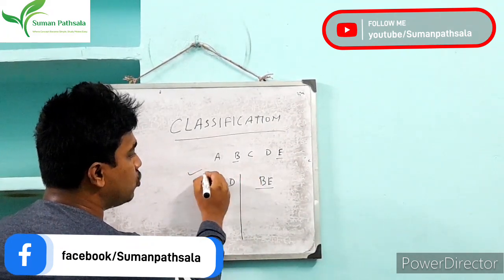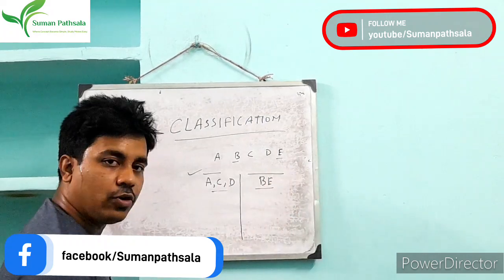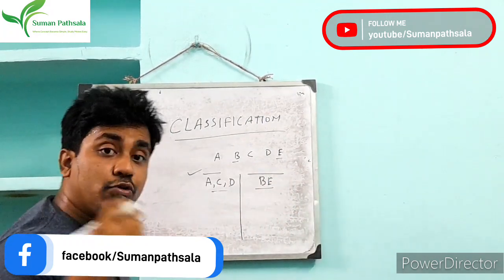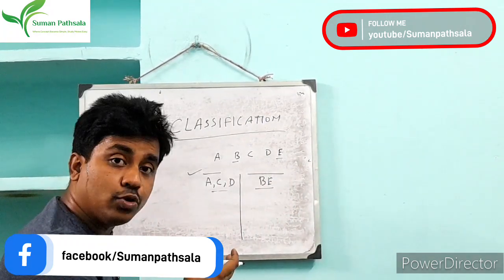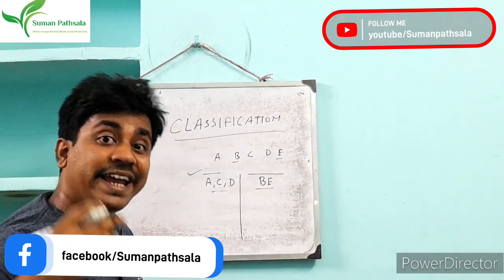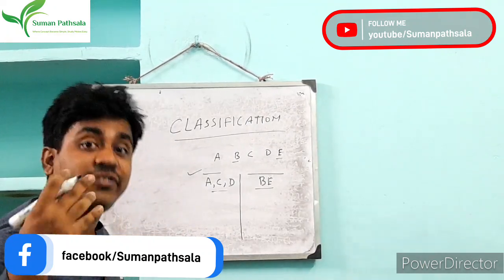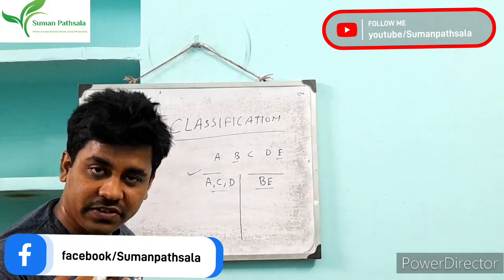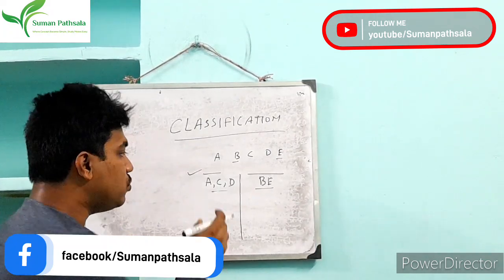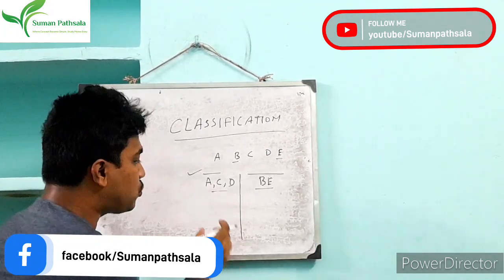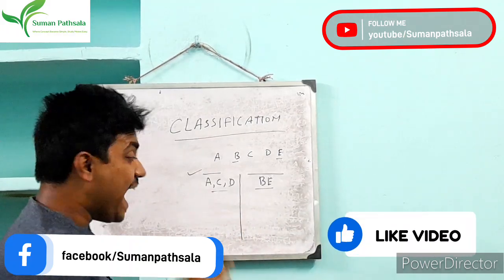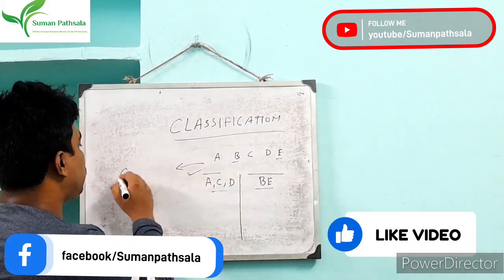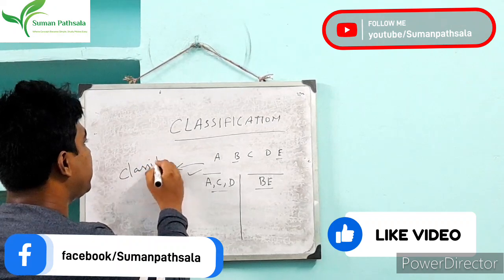How do you differentiate them into groups? Depending on their characters, their features, their affinities. You divide them into two individual groups, and that formation we call classification.